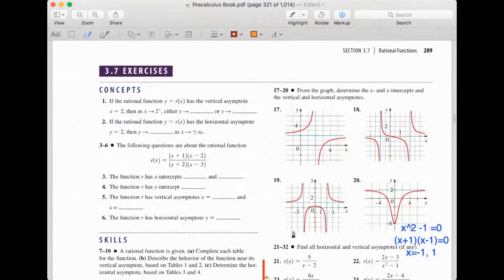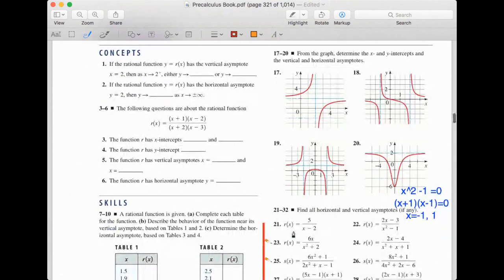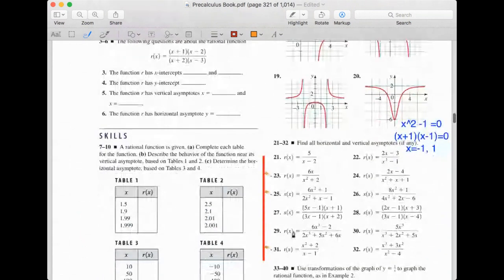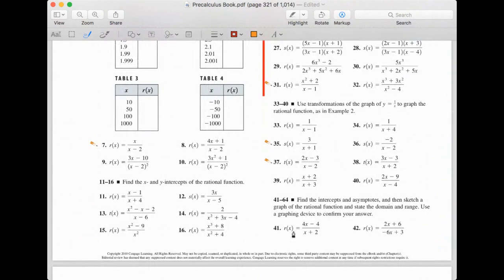Okay, anyway, let me leave you some homework to practice. From 11 to 16, let's do 11, 15, 3.